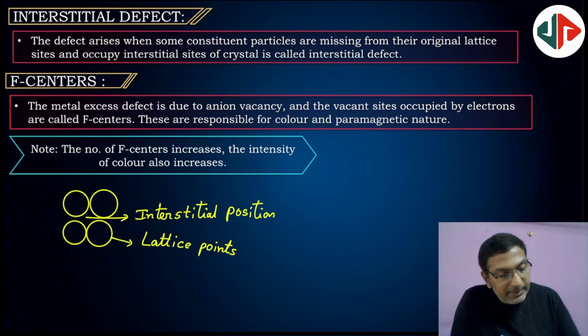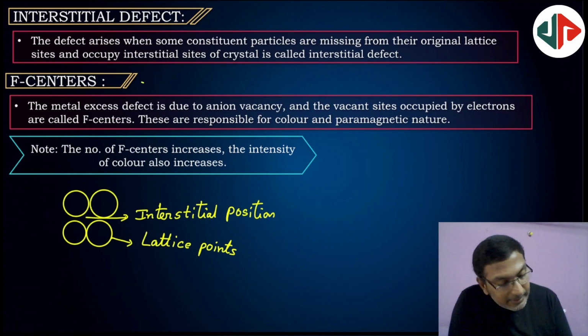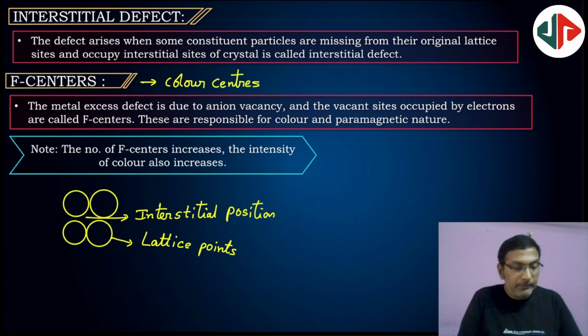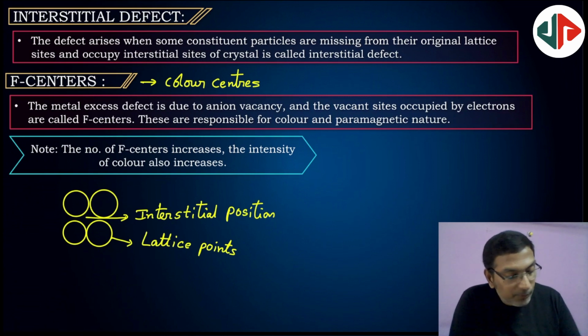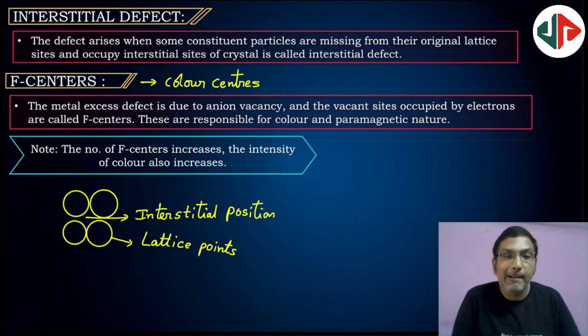Next, F centers or color centers. F centers are also known as color centers. These are possible in metal excess defect due to anion vacancy.